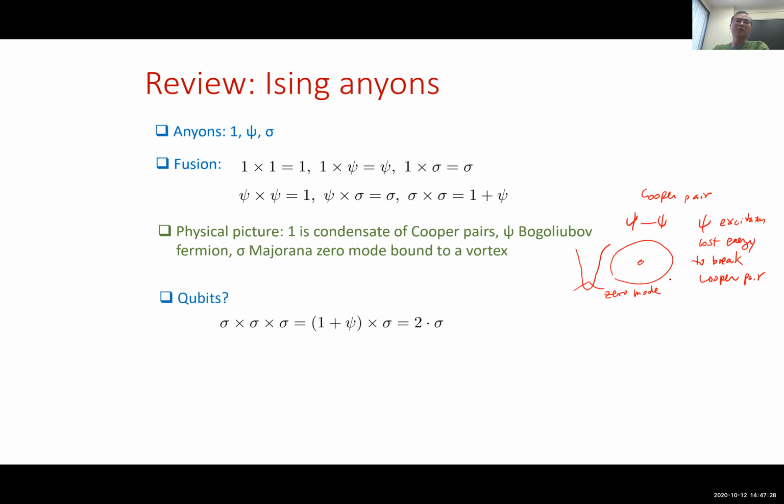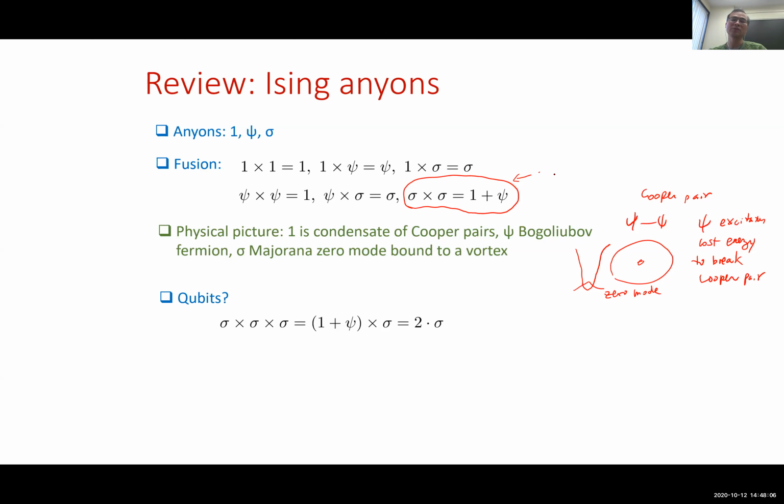The question we would like to know for encoding quantum information is, can we find a qubit in the Hilbert space? If we have two Ising-anyons, they fuse to identity or they fuse to psi. You may naively want to use the two different channels as the 0 and 1 logical space, but the final products are different, so you cannot superpose them.